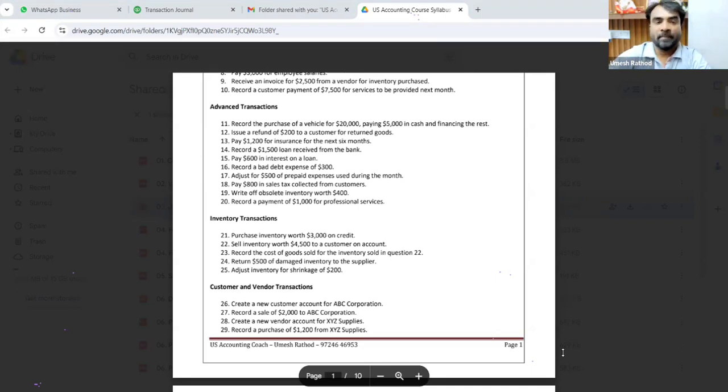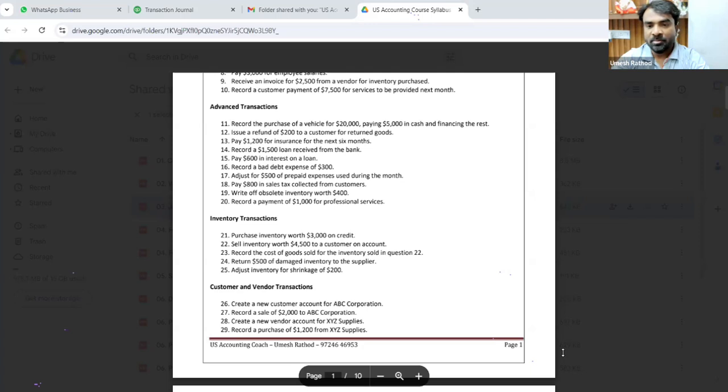What you have to do, guys, is the PDF module, the QuickBooks module, you have to understand that. We have just recently discussed only 25 transactions, and it covers all.